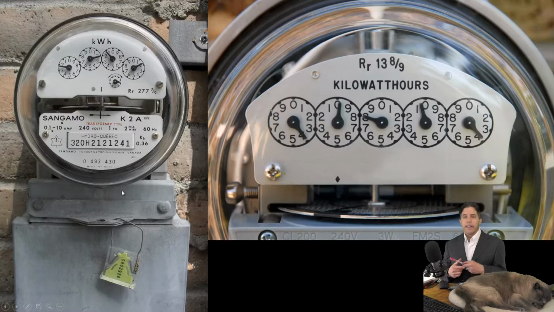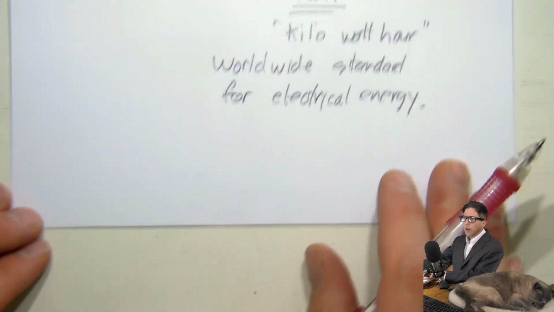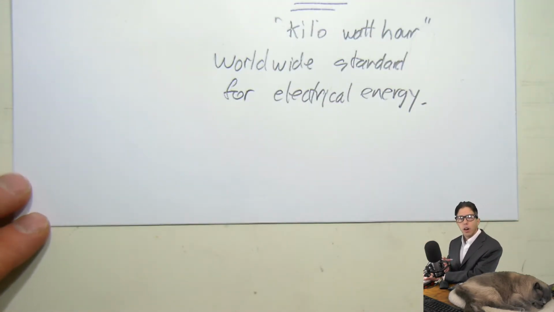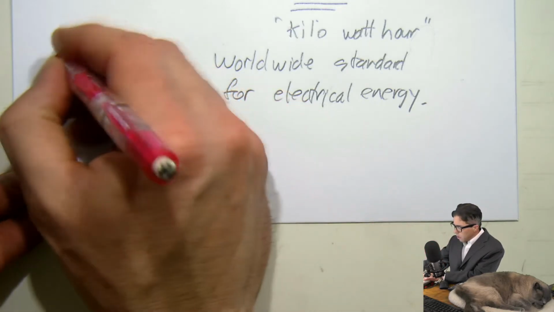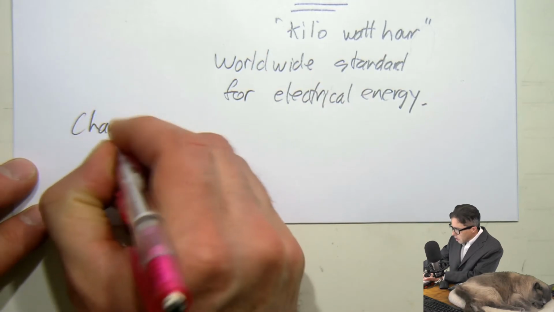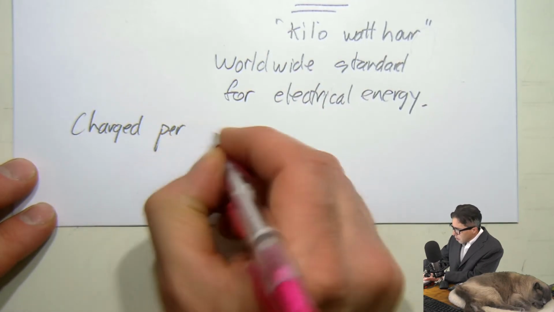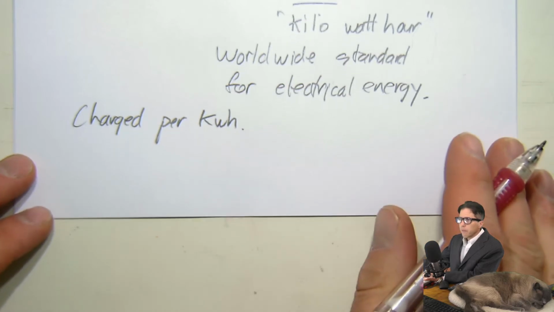So when you're charged by the electric company, for example, around here it's usually P&M is our electric company, you will get charged per kilowatt hour, right?